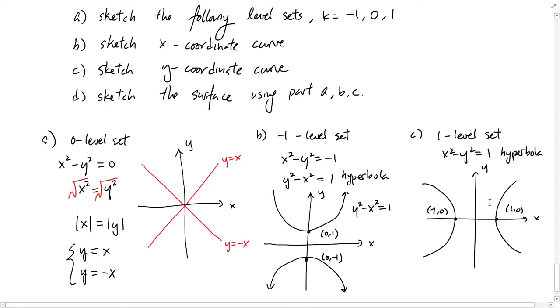Now, we can definitely do... Oh, there's no B or C. So that's just part A. Okay? So those are the level sets. Now, as you can see, if you vary this value to be more negative, then you have a different hyperbola where these 2 points are further apart.